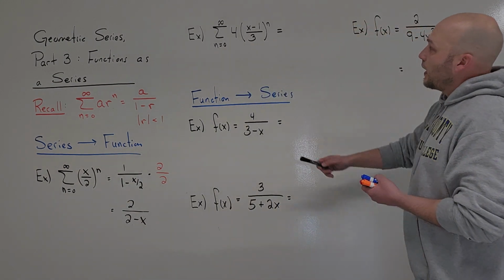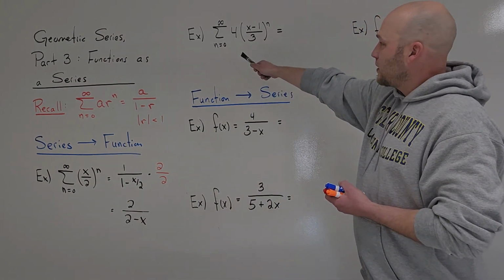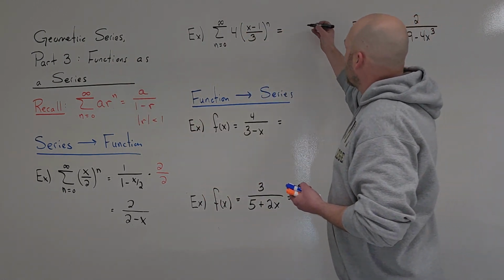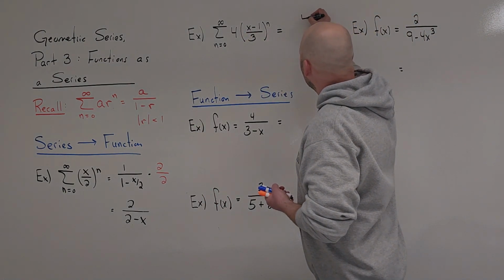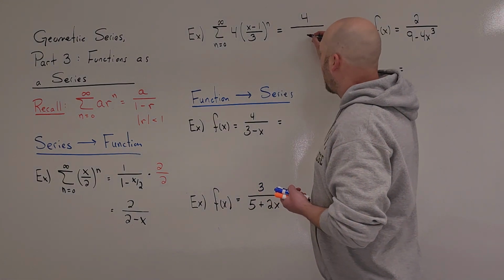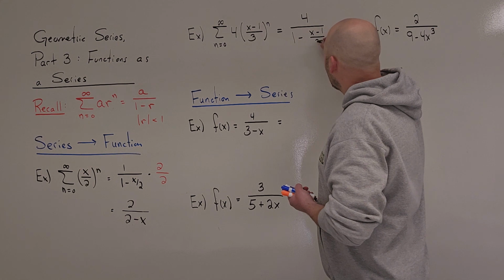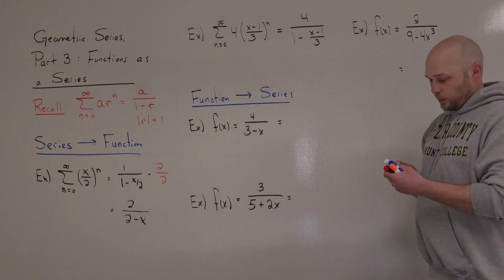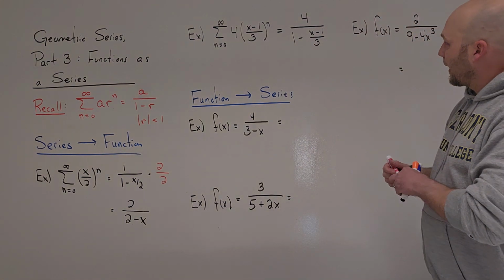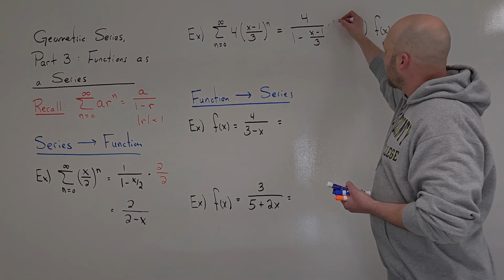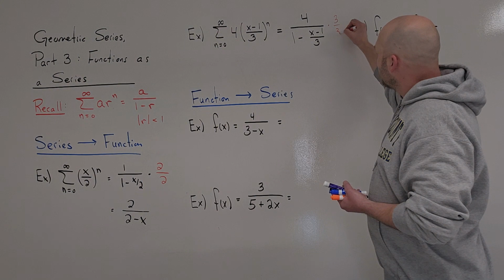For this one, again, it has the same form of a r to the n. Therefore, I can write this as 4 over 1 minus x minus 1 over 3. To simplify that, the quickest way is to eliminate this denominator, this 3. So I'll multiply top and bottom by 3.